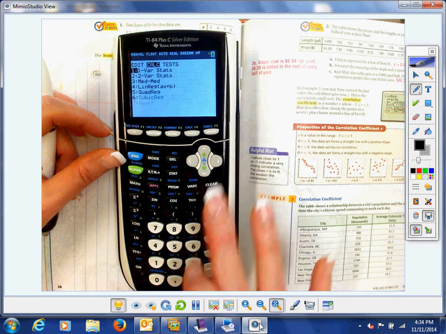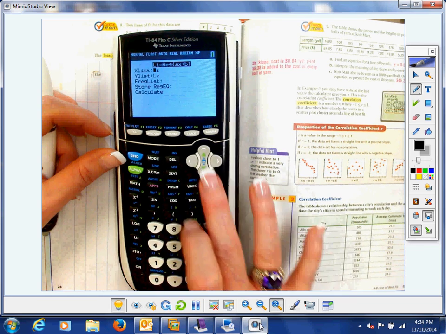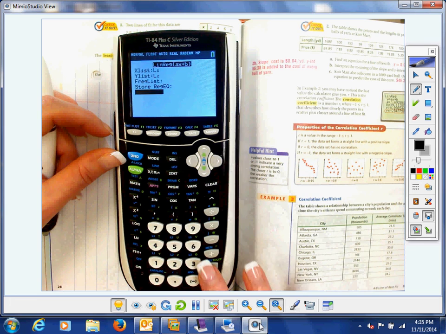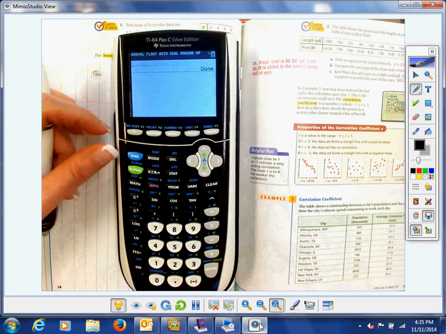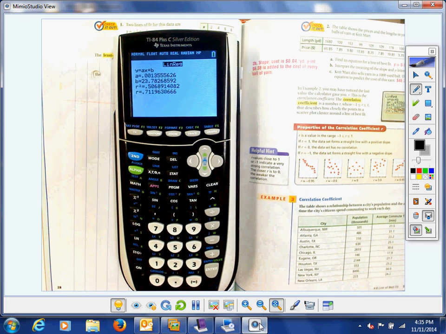Stat, calc, 4, and then we want to go to calculate, enter, and there's our equation, okay? So it's really important that you are looking and just writing down in that space. I'll flip back to the other page in just a second.